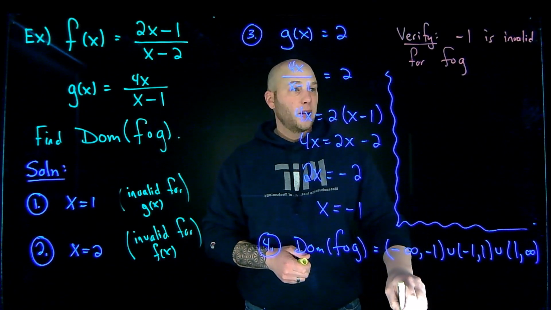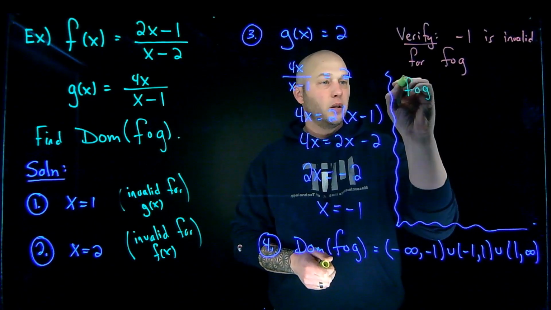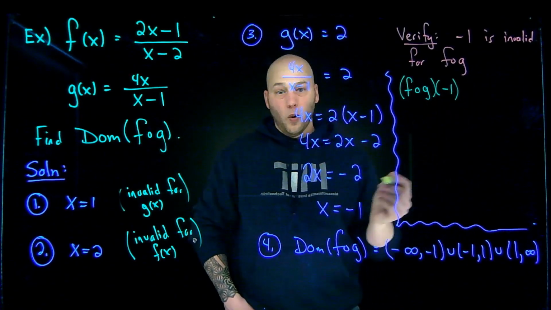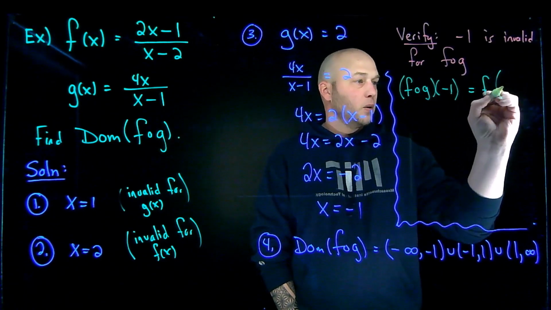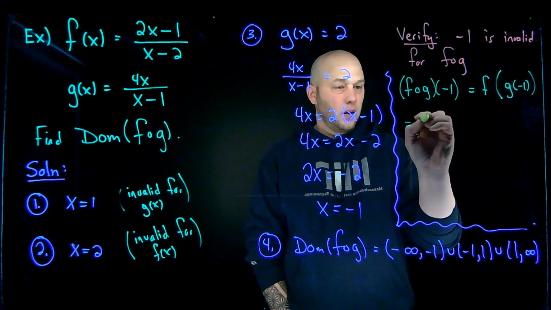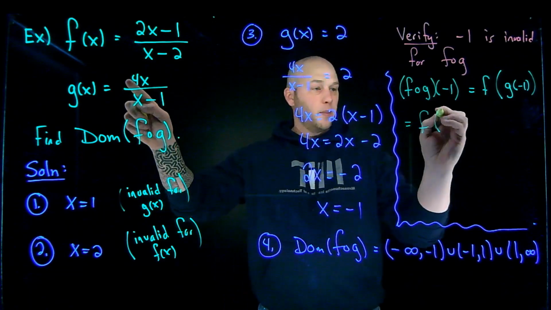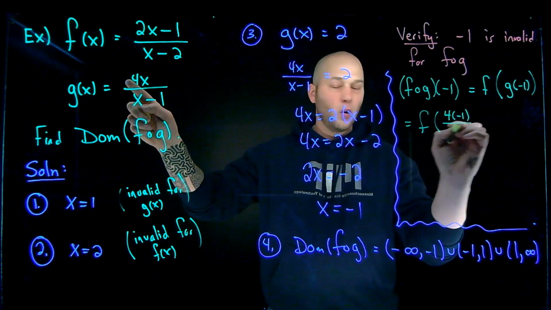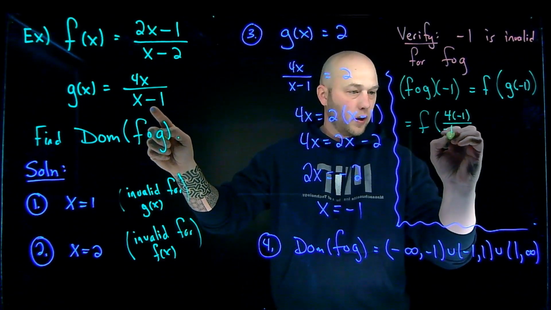So what that means is I'm going to evaluate f composed with g of negative 1. Let's see what happens. Remember that the input value gets plugged into g first, and negative 1, plug that into g, I'm going to get 4 times negative 1 over negative 1 minus 1.